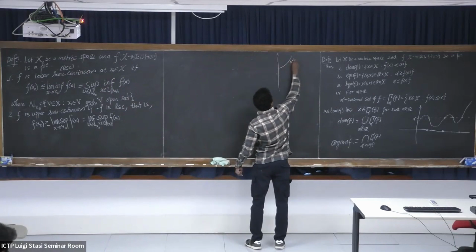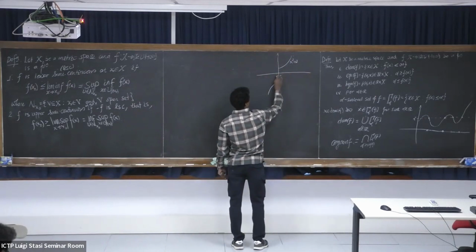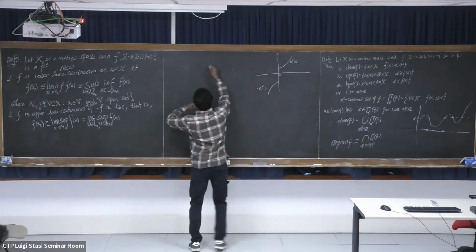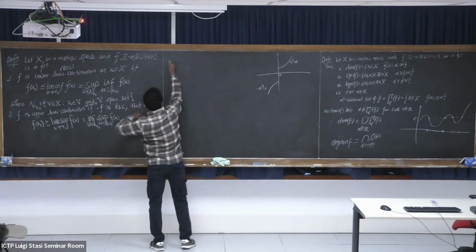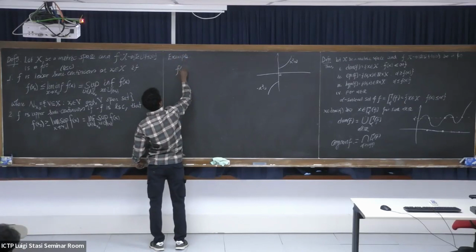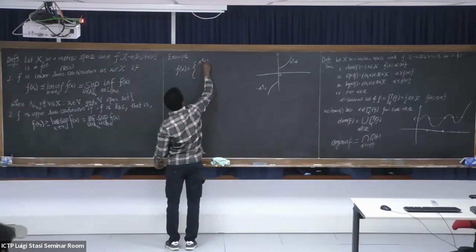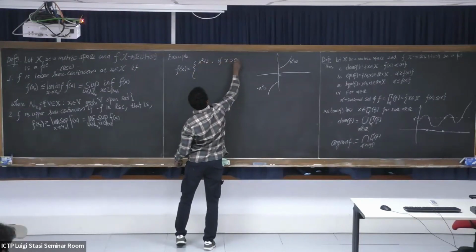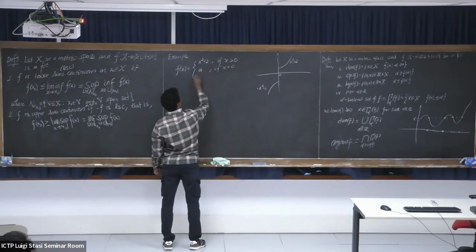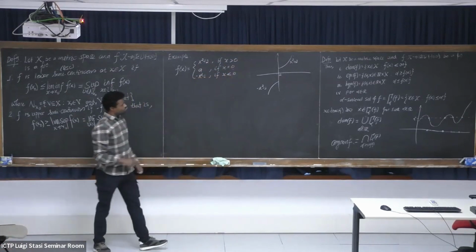Maybe we have f of X is X squared plus 2 for X strictly greater than 0, and X equals 0, minus X squared minus 1 for X strictly less than 0.